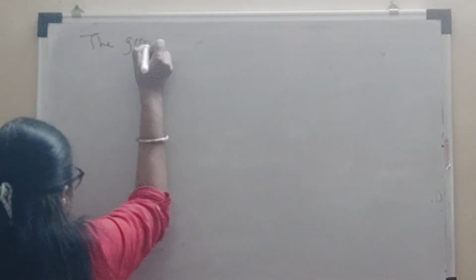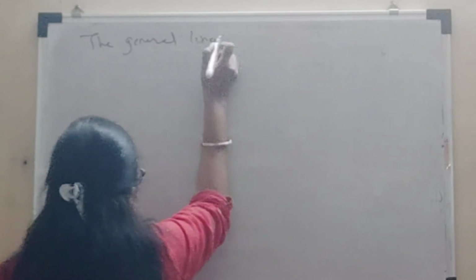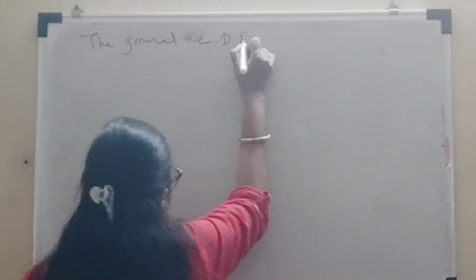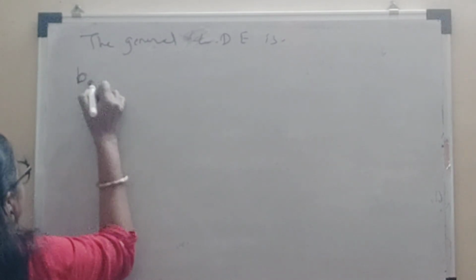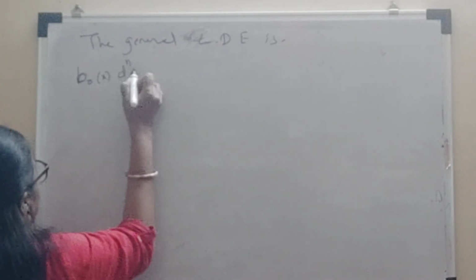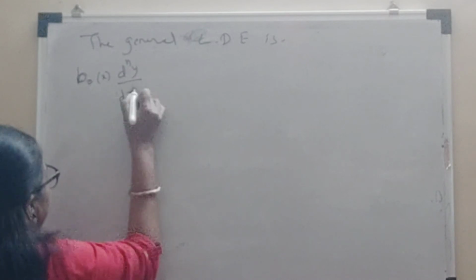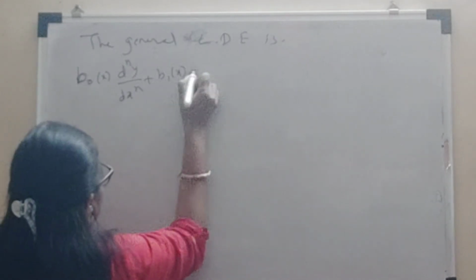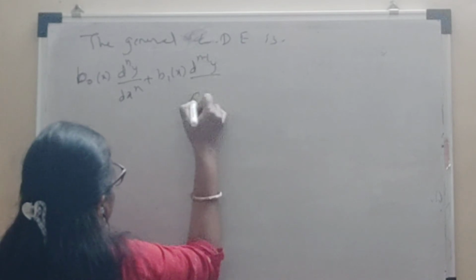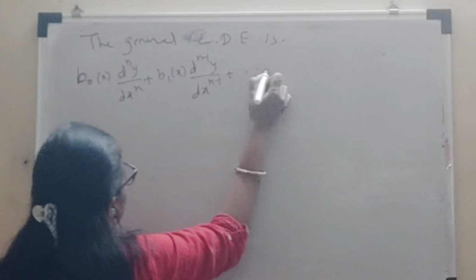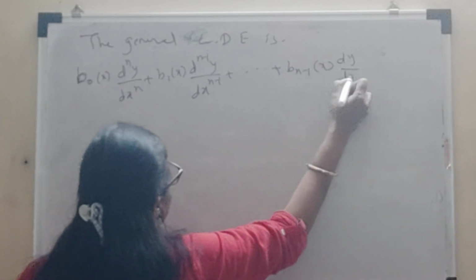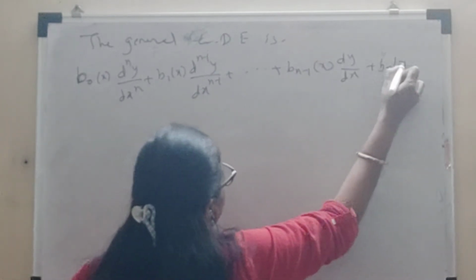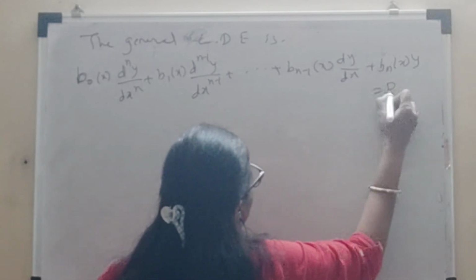So the general linear differential equation is given by b0 of x d n y by dx n plus b1 of x d n minus 1 y by dx n minus 1 plus and so on, bn minus 1 of x dy by dx plus bn of x y is equal to r of x.